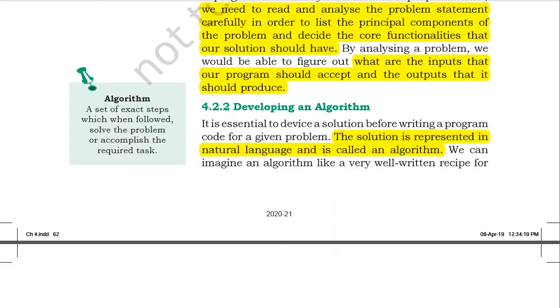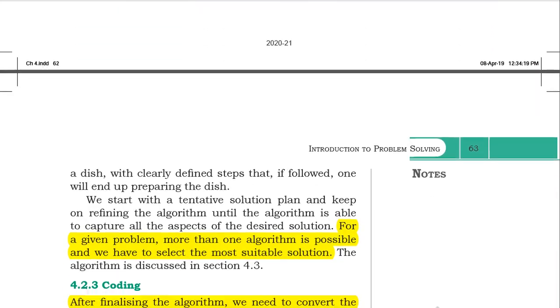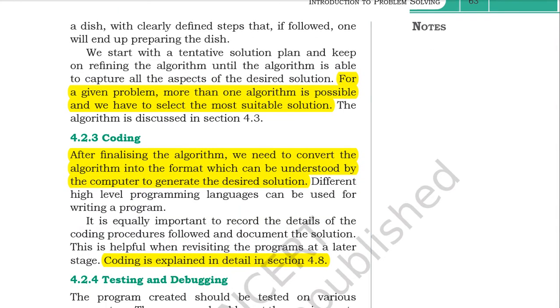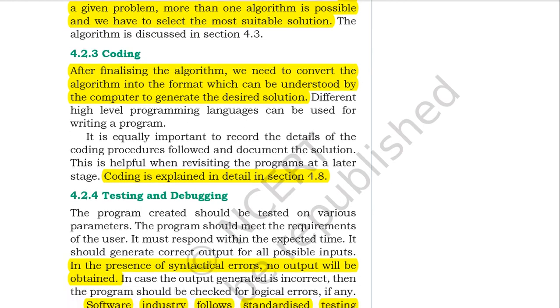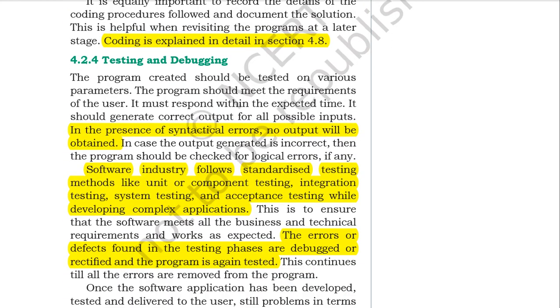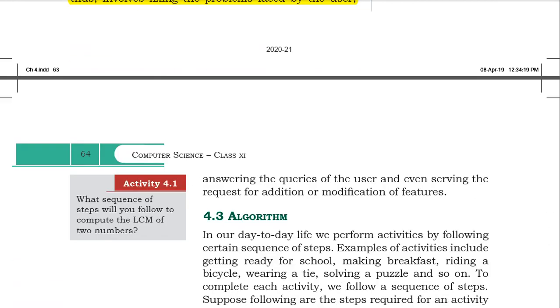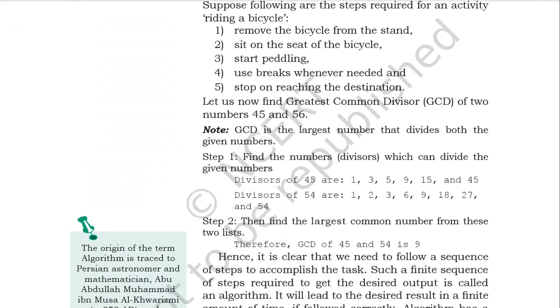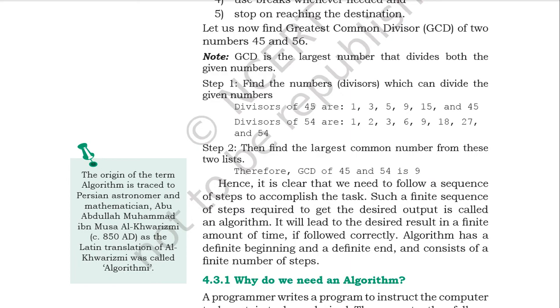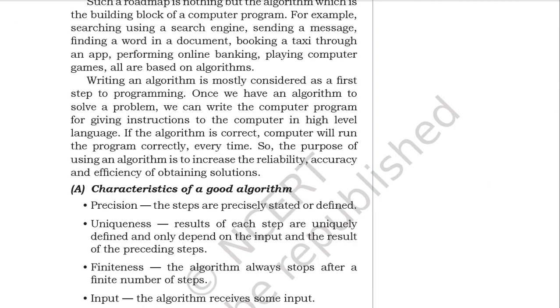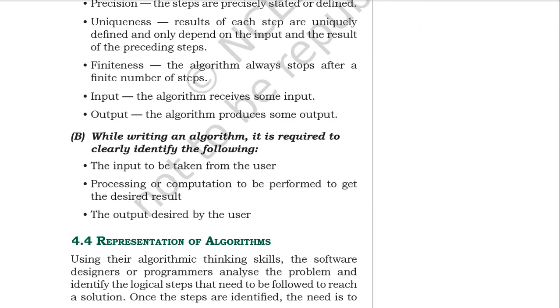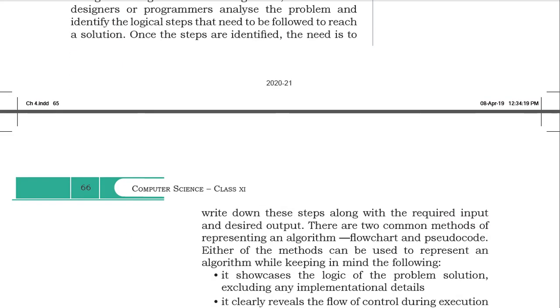The steps are analyzing the problem first, then developing an algorithm. What do you mean by algorithm? Then the coding section, and the testing and debugging section. After that, here comes algorithm in detail: the definition of algorithm, purpose of algorithm, characteristics of a good algorithm, and representation of algorithms.